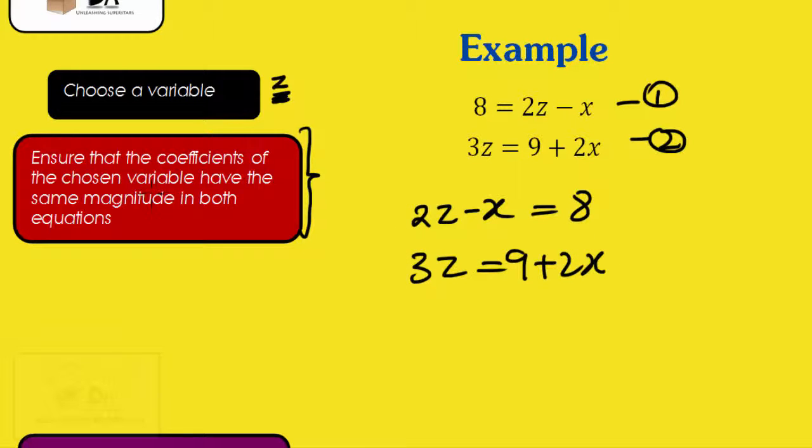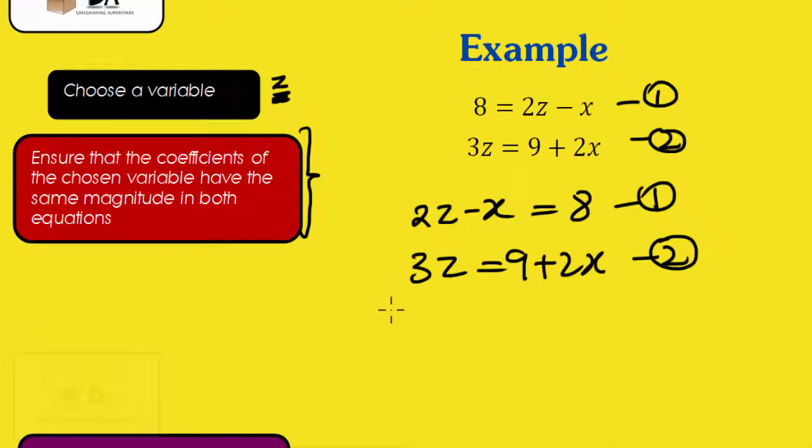Now you can ensure that in both equations the coefficients of z have the same magnitudes. To do that, you have to ensure that the z terms appear on the same side. In this case, the coefficient of z in equation 1 is 2, which has a magnitude of 2. The coefficient of z in equation 2 is 3, which has a magnitude of 3.